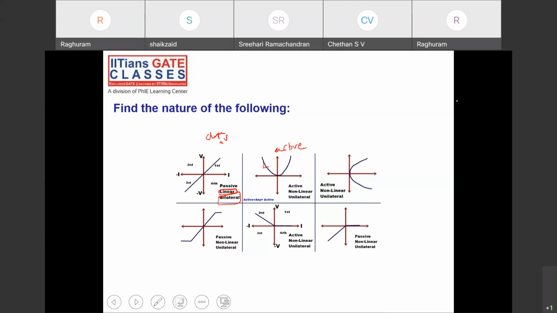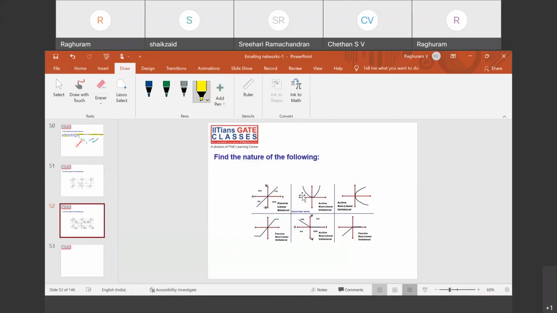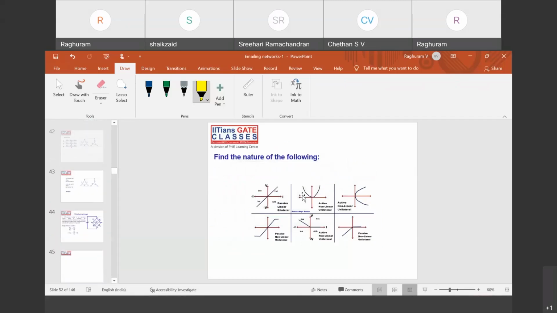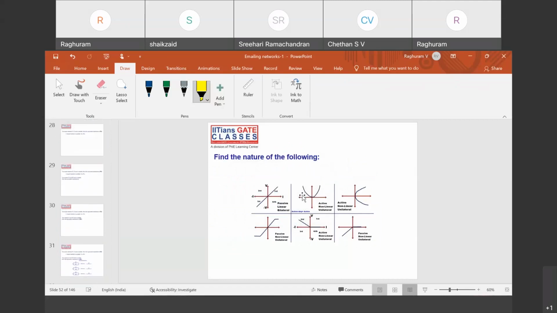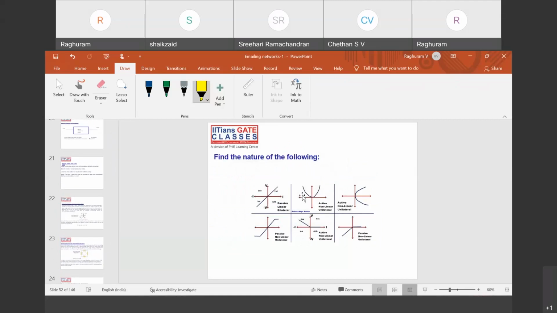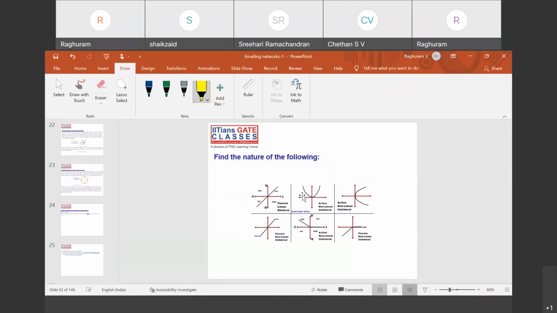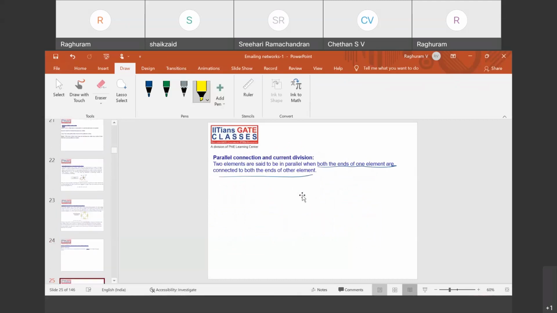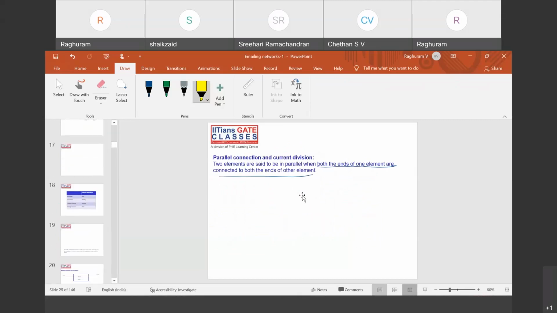Remember, in the last class, I told you that sources can sometimes be kept in a circuit in such a way that instead of supplying power, they may absorb power.